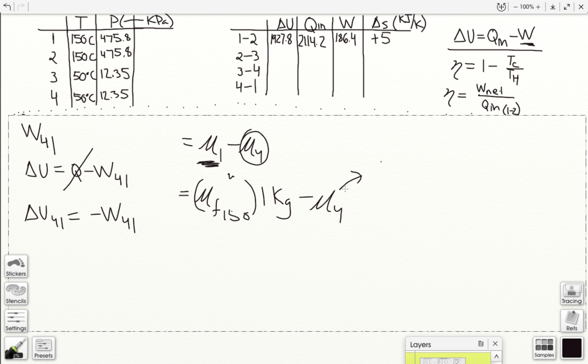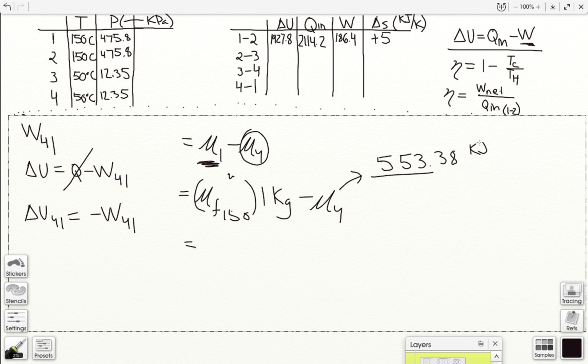Let me, 1 second. I think I should have that value. That one will be 553.38 kilojoules per kilogram.